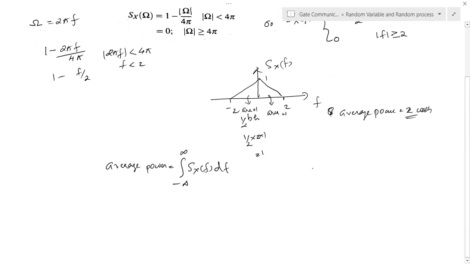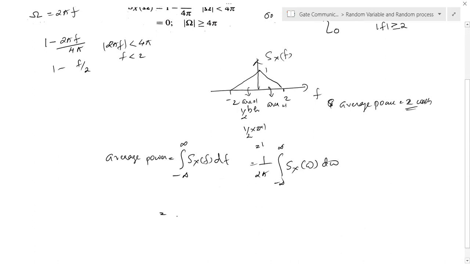But if you are using it in terms of omega, you need to write 1 by 2 pi integral minus infinity to infinity Sx of omega d omega. So if you write in terms of f, it's simply minus infinity to infinity Sx of f df, but in terms of omega, it's 1 by 2 pi into the integral. Now we'll use it in terms of f.